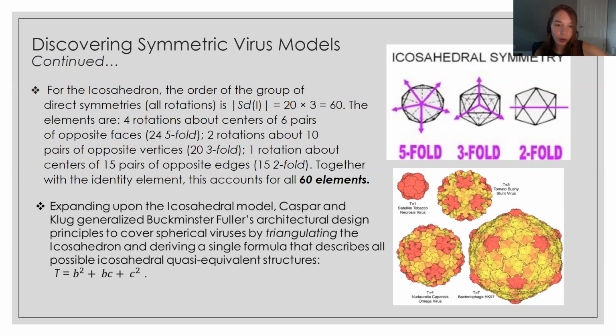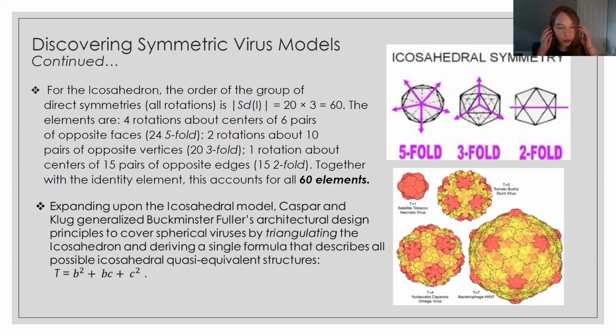There are also 2 rotations about each of 10 pairs of opposite vertices, giving us 20 3-fold rotations. And there is 1 rotation about the centers of the 15 pairs of opposite edges, giving 15 two-fold rotations. Together, these all with the identity element comprise the 60 elements of the icosahedron's symmetry group.